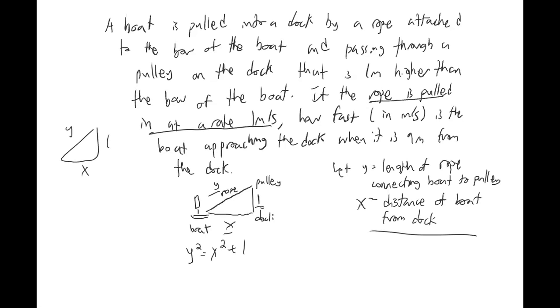So let's just derive it, right? So 2y y prime is 2x x prime. Okay, we want x prime, right? So divide by 2x. X prime is y over x times y prime, the 2's cancel. So what's y prime?